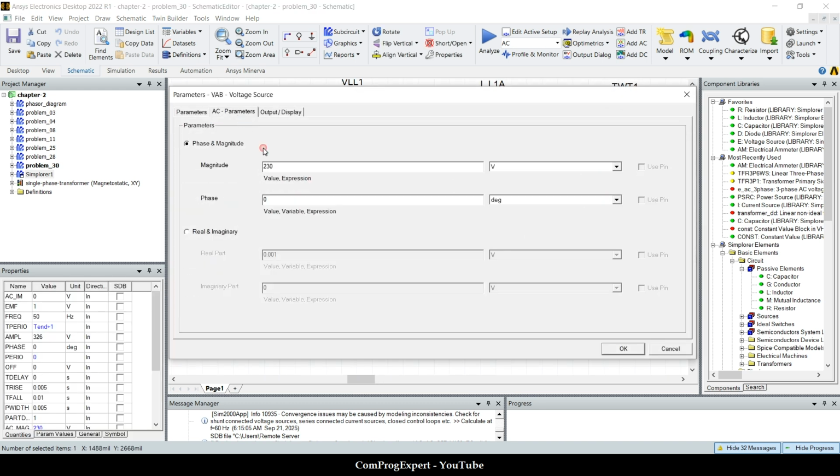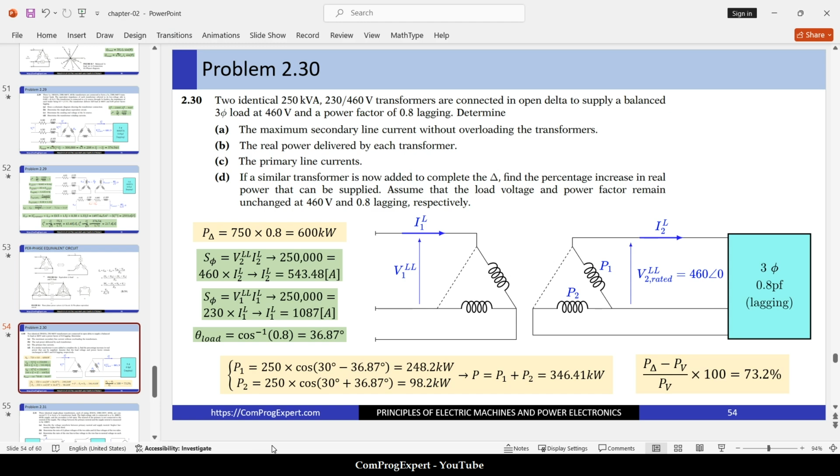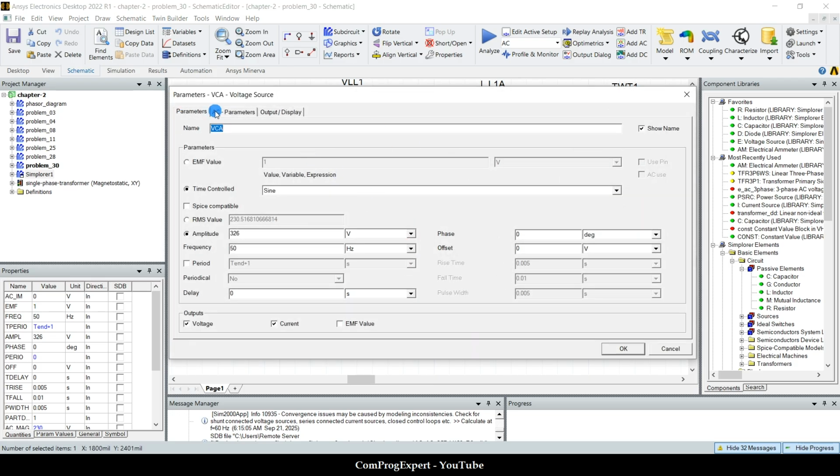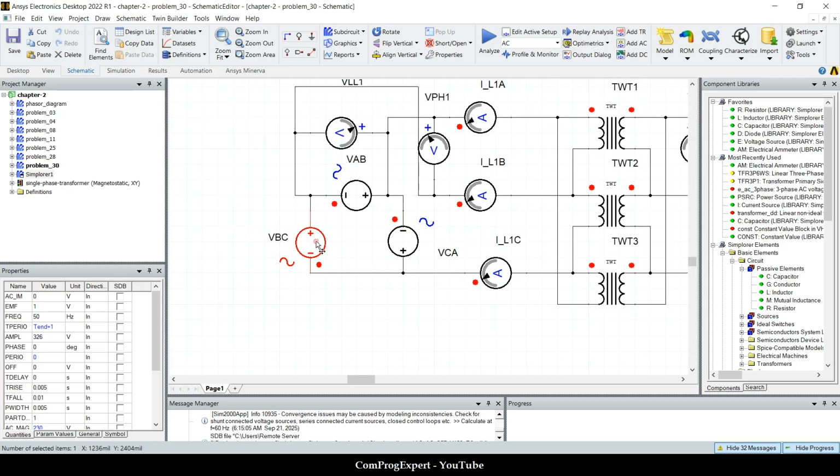The RMS value of the voltage for the primary line to line is 230. For the secondary is 460. Okay, so I have set the value of the voltages here for these sources.